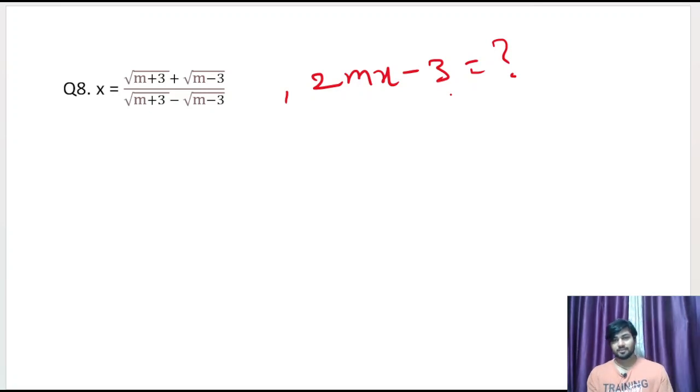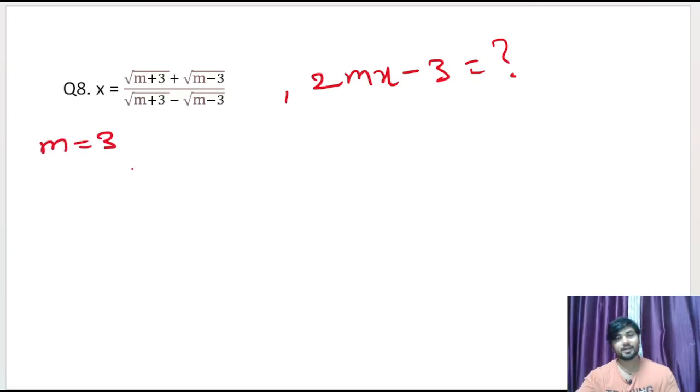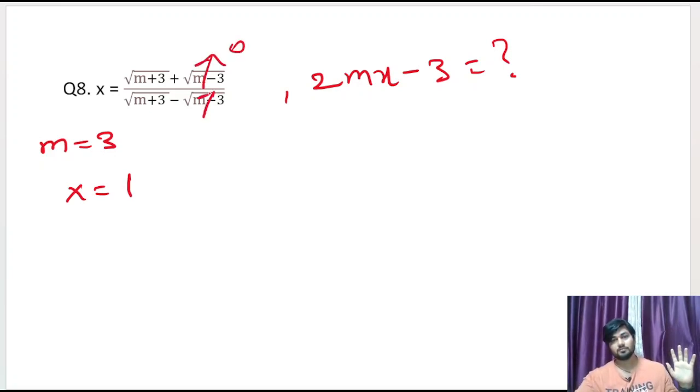I have explained to you the basic method, right? So you can do this with the basic method also, but I'll do it here with the artificial intelligence method. Let's take m is equal to 3. The moment I take m is equal to 3, my value of x will be 1. You know that, because this will be 0, this will be 0, and this portion will be cancelled out.